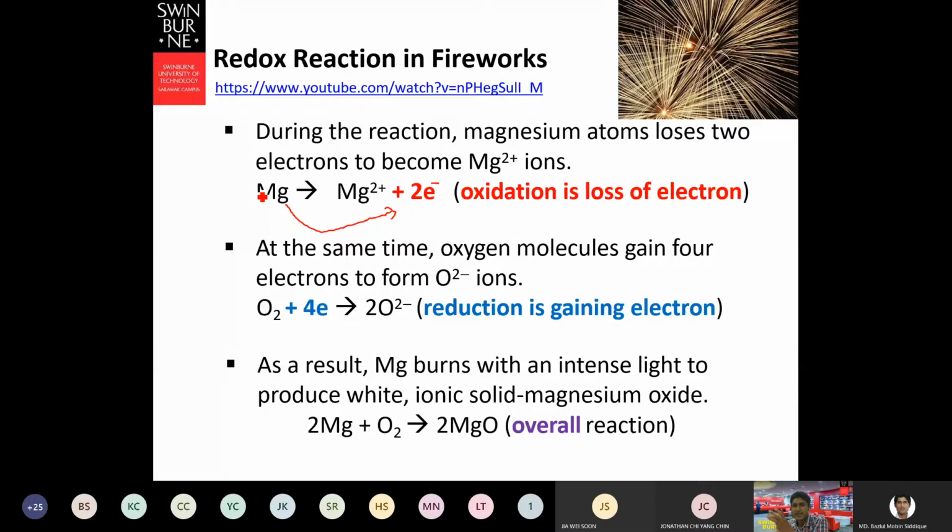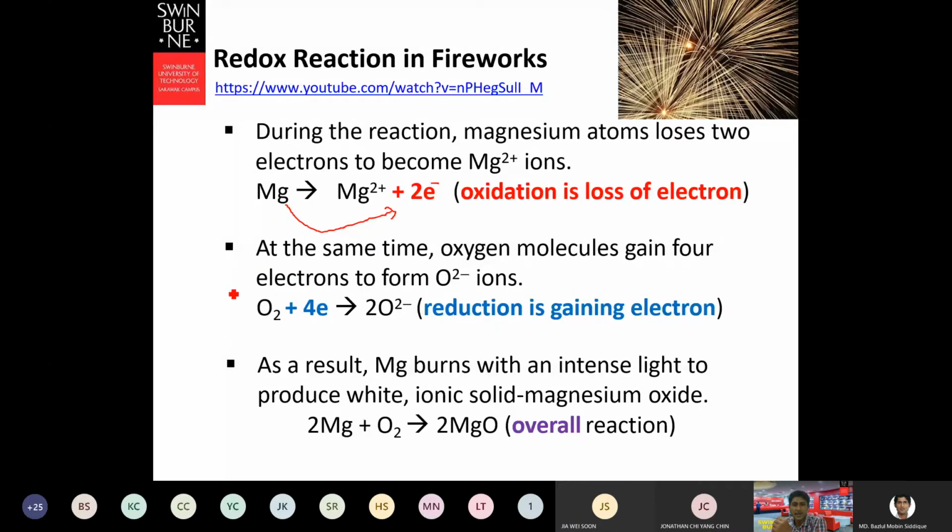The charge balance is imbalanced. When magnesium was neutral, I took out 2 electrons that are negatively charged, so the positive charge increases by the same magnitude, and that is how magnesium becomes 2 positive. It is an oxidation reaction, because oxidation is losing of electrons, and here magnesium is losing the electrons.